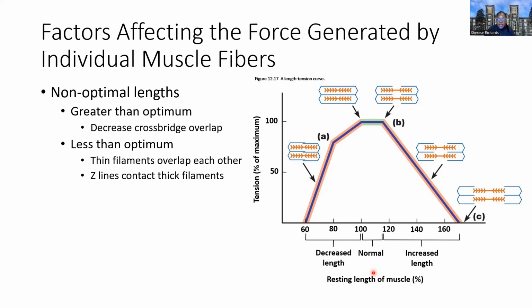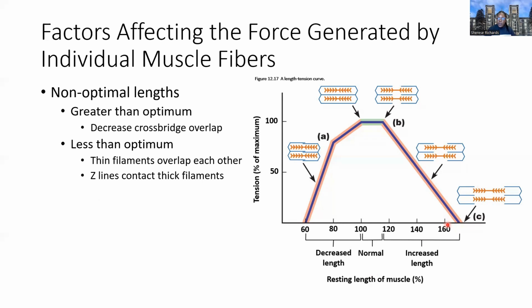Now, we start with the scenario of having the sarcomere greater than optimal length, which is what's happening out here. Notice how stretched out the filaments are. The Z lines are way out here, the myosin filaments are way in here, and the sarcomere is starting out really stretched, 160% greater than its normal resting length.